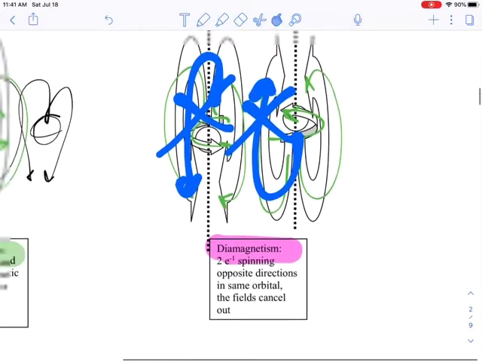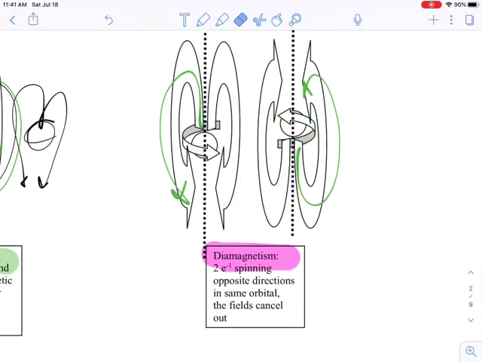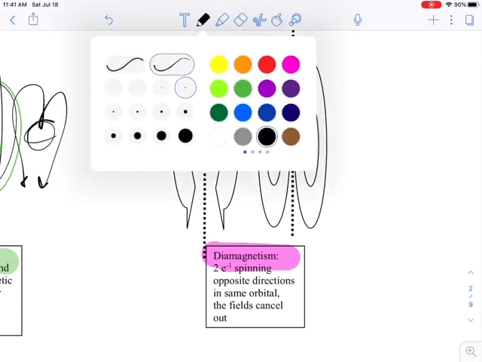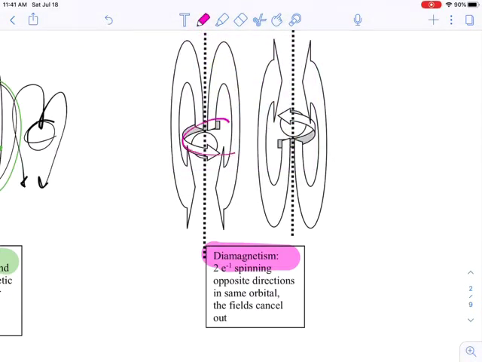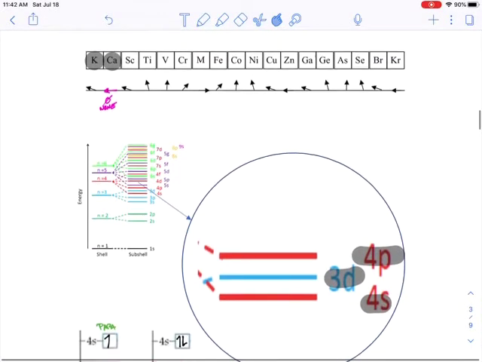So what must be occurring is that one of those electrons is spinning up, and one of those electrons is spinning down, and now what we have is the circumstance that we see here, which is the diamagnetic. In a diamagnetic situation, you have one electron spinning one direction, and one electron spinning the other direction. And if that is the case, then they cancel each other out.